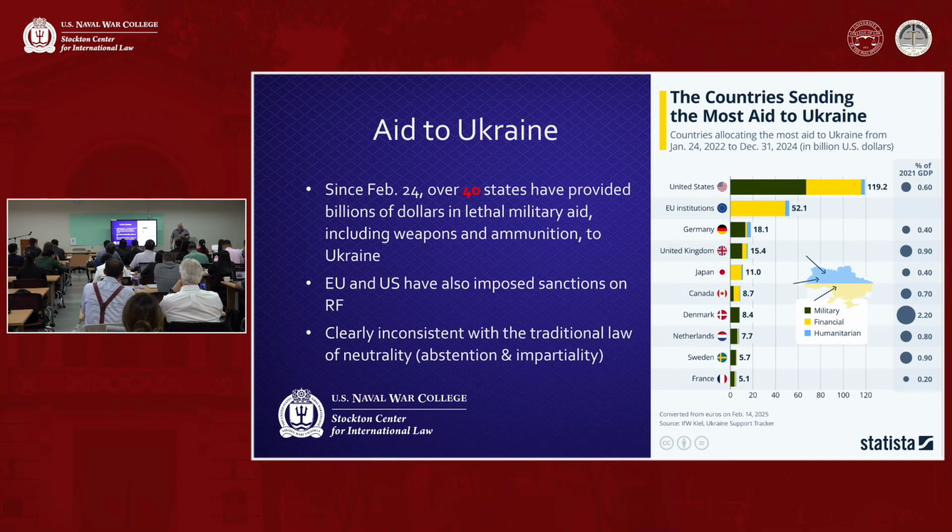So let's say there's a convoy of trucks loaded with ammunition heading from Poland to Ukraine. Could Russia attack that convoy in Poland while it's en route to Ukraine? Russia would say yes, because they would be exercising their right of self-help, because Poland is violating the law of neutrality, and they are not taking measures to prevent that violation.